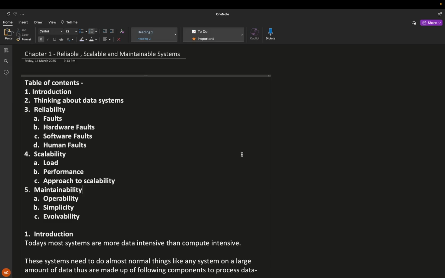Then in this course we will cover some real life examples of high level design, so that we know how to apply these theoretical concepts to real world designs. So that is what I will be covering in this course. Without further ado, let's get started.